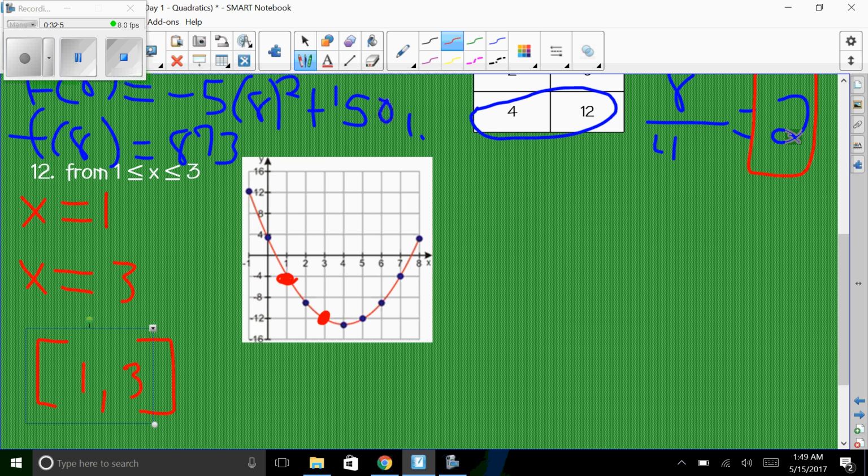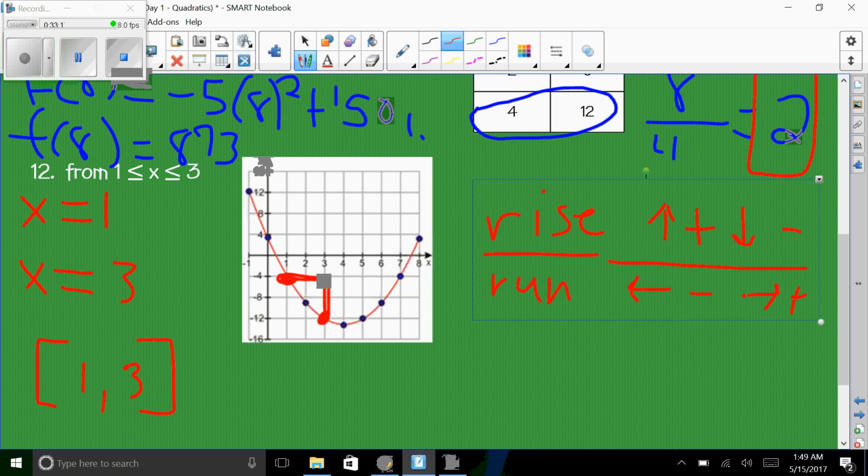Alright, so we're trying to find the slope here. So on a graph, you can use rise over run. Alright, up is positive, down is negative, left is negative, right is positive.